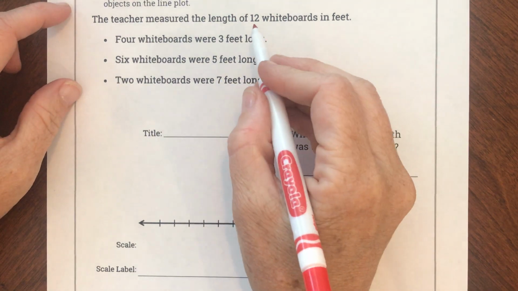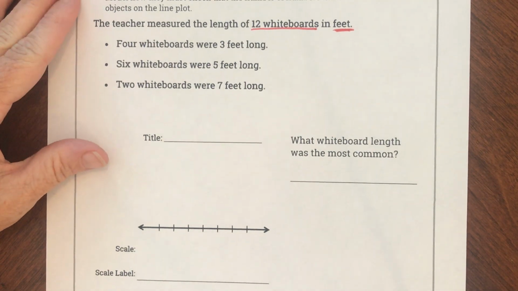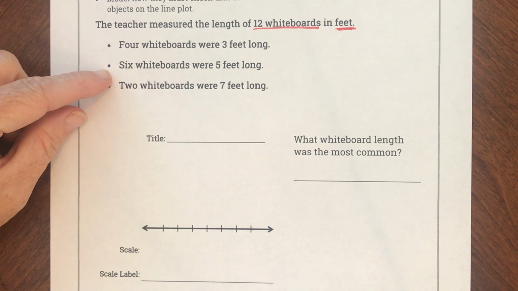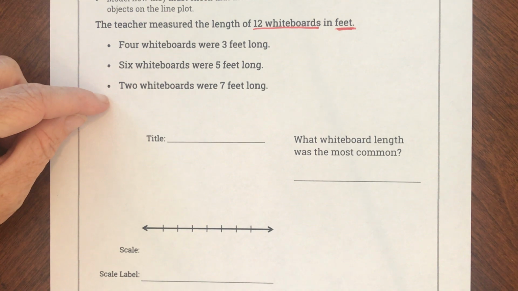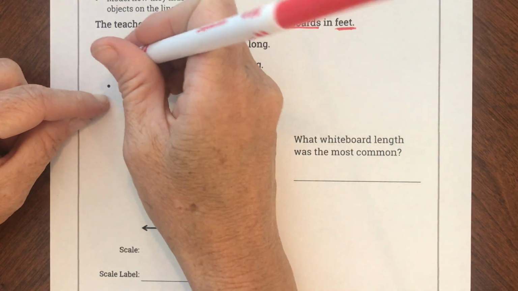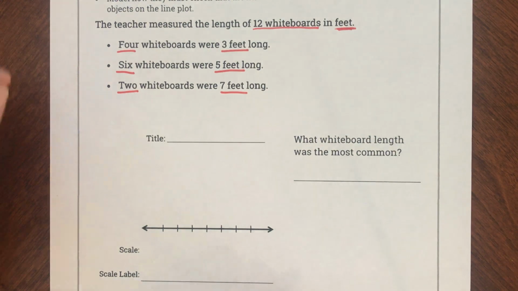So she measured 12 whiteboards and she used the measurement feet. Okay. 4 whiteboards were 3 feet long. 6 whiteboards were 5 feet long, and 2 whiteboards were 7 feet long. Okay, so I might even underline my numbers. 4 were 3 feet, 6 were 5 feet, and 2 were 7 feet.